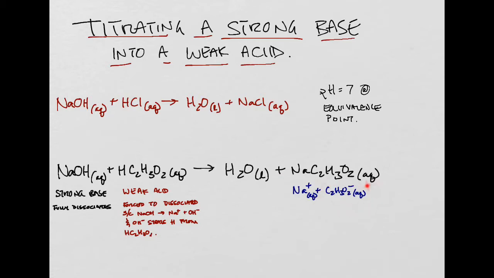This is a strong base, meaning that it's going to accept protons. The only way you can accept protons is to take them away from water, and if you take a proton away from a water molecule, you create hydroxide ions, OH minus ions. Therefore you're going to have an abundance of hydroxide ions in your solution at the end of this reaction. That's why at the equivalence point, the whole thing is going to be slightly basic rather than neutral.